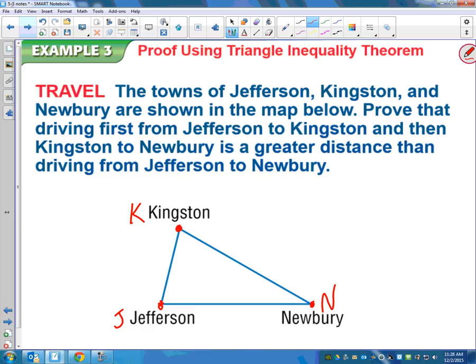Prove that driving from Jefferson to Kingston, which would be like the link JK, and then driving from Kingston to Newbury, would be like KN, has to be a greater distance than driving from Jefferson to Newbury. You see how this is just using the theorem? What is this theorem called? The triangle inequality theorem?